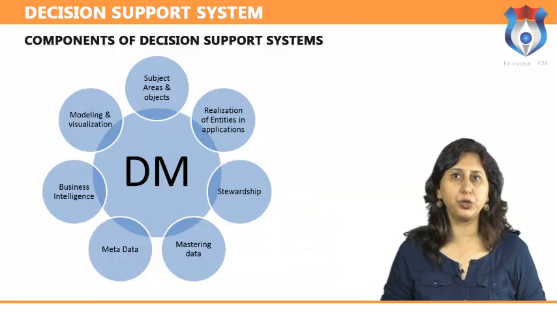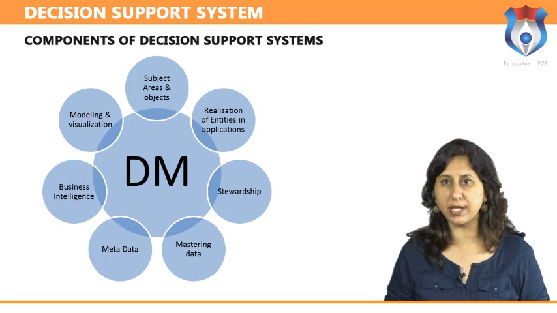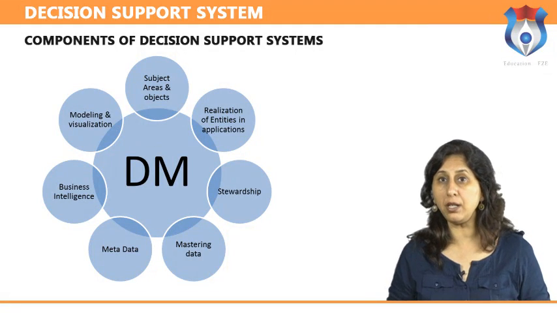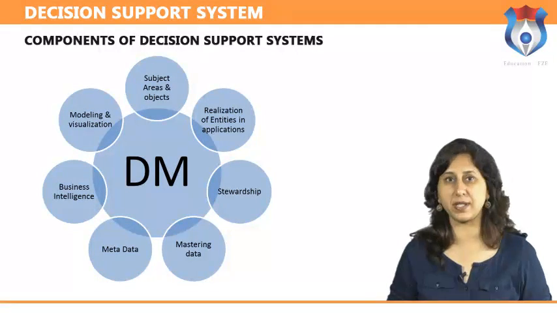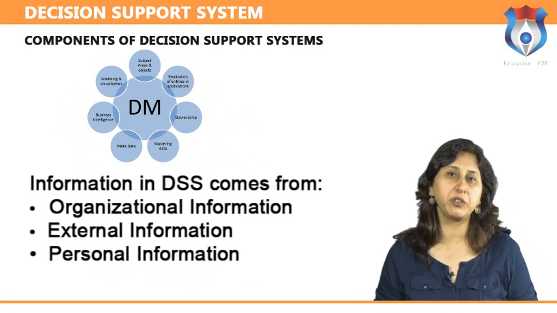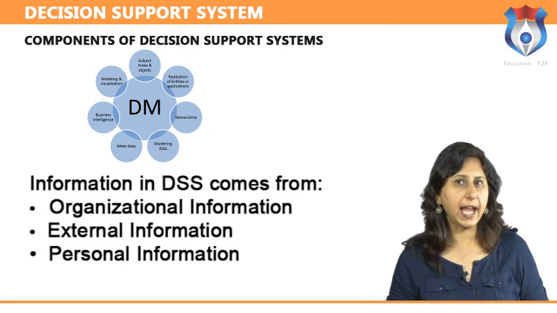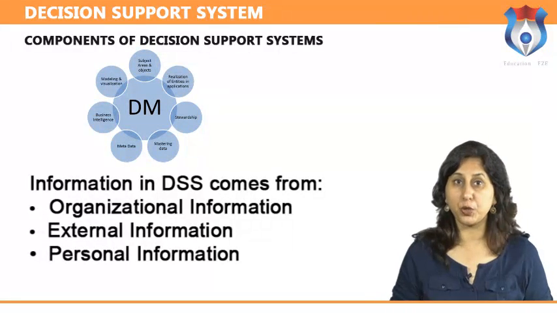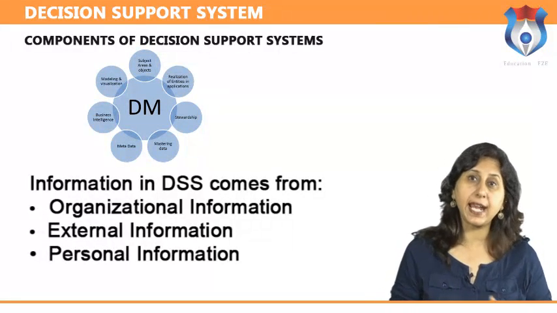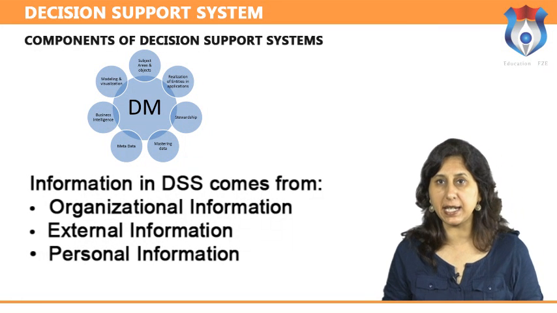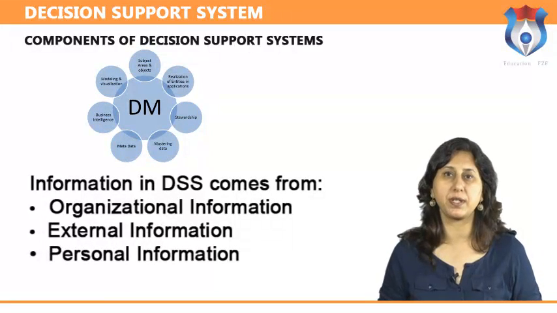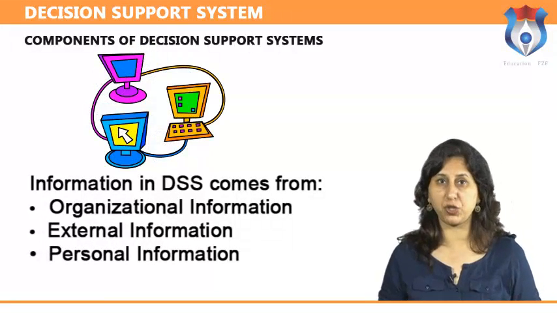The information you use in your decision support system comes from one or more of 3 sources. Organizational information. We can design our decision support system to access this information directly from our company's database and data warehouse. External information.